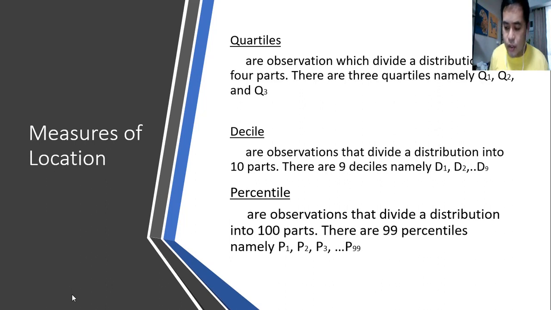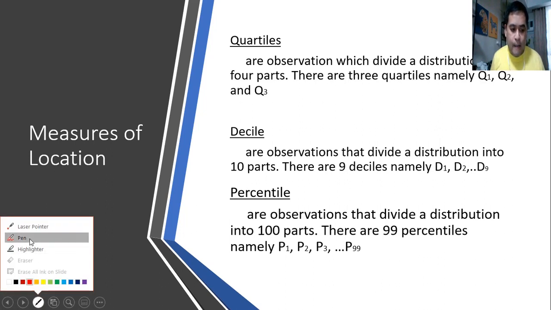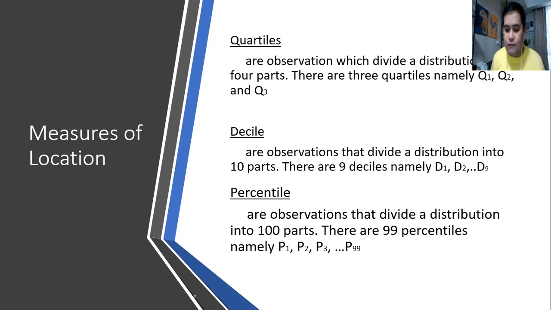Okay, so the median is the same as P sub 50. So the median is just the same as P sub 50, or P50, or we divide the distribution into decile 5.